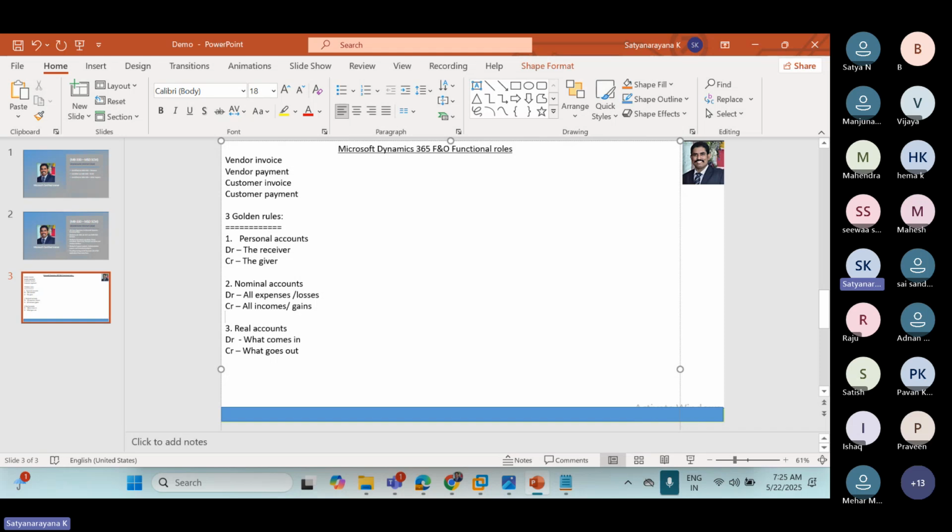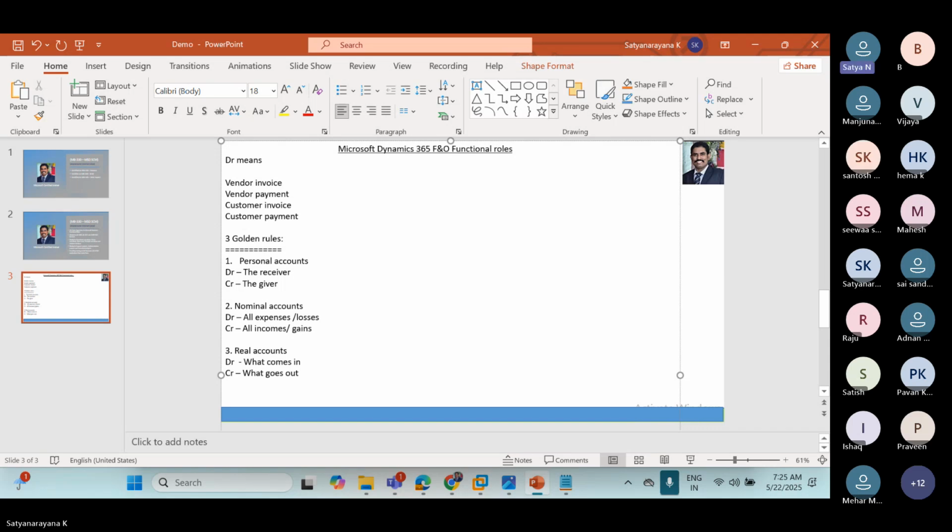Okay, now, does debit mean positive or negative? Anyone? Debit means positive or negative? It's negative. Okay, credit means positive.